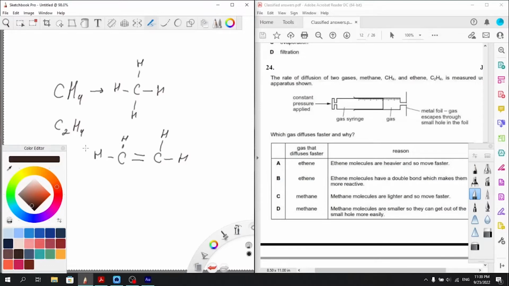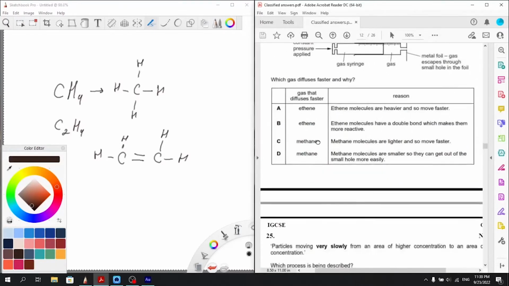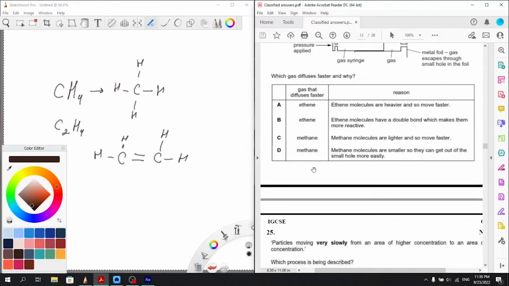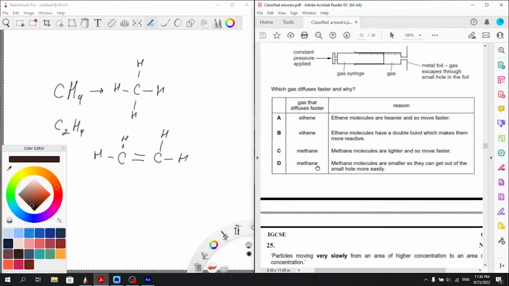Okay, so are the molecules smaller in size? Nope, they're not smaller in size. Why? Because both of these compounds are formed of carbon and hydrogen. Okay, so the size of carbon atoms and the size of hydrogen atoms is the same, right? The only difference is that methane has 1 carbon atom, while ethene has 2 carbon atoms.